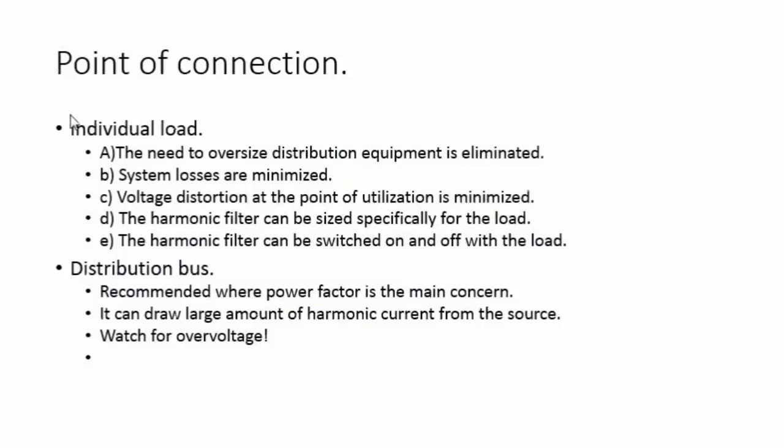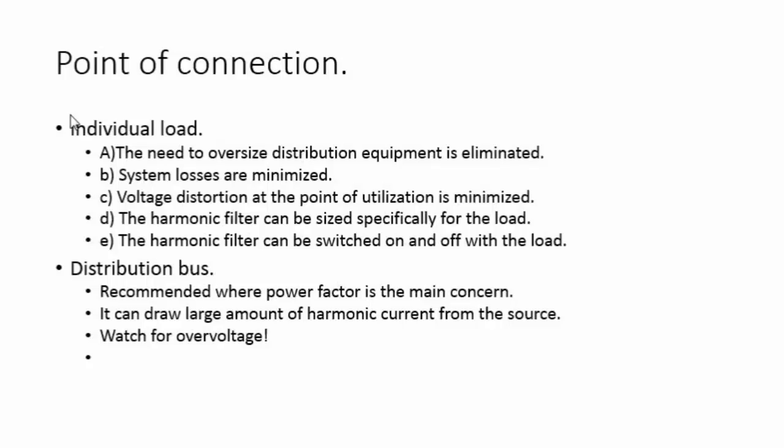Now, if you decide to include a filter with every load, there are some advantages because the filter provides reactive power and absorbs harmonics. The feeder system doesn't have to be as big. You expect less current in your transformer and your cables and everything.